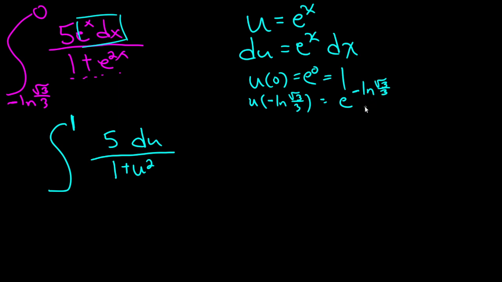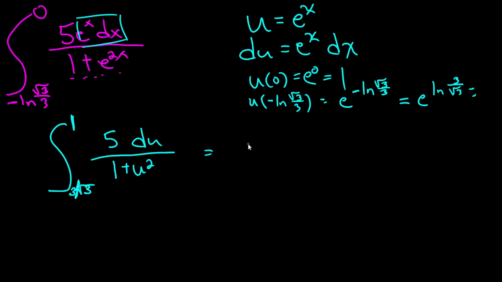We have a natural log with a negative, so this is e to the ln of, what does the negative do? That flips it, 3 over root 3, which means that we get an answer of 3 over root 3. And so this sets up the integral we can do here.